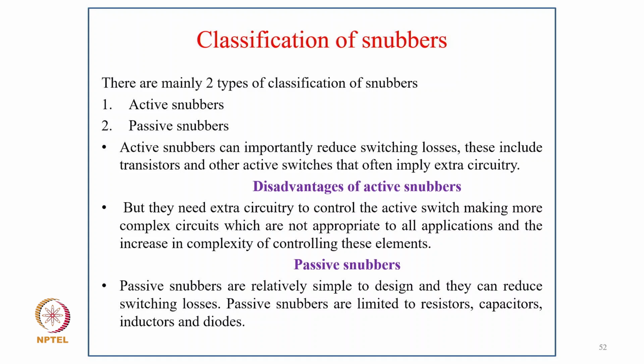The disadvantage of active snubbers is that they need an extra circuit to control the active switch, making the circuit more complex, which is not appropriate for all applications, and they increase the complexity of controlling these elements. Passive snubbers are relatively simple to design, and they can reduce the switching losses. Passive snubbers are limited to resistors, capacitors, inductors and diodes.